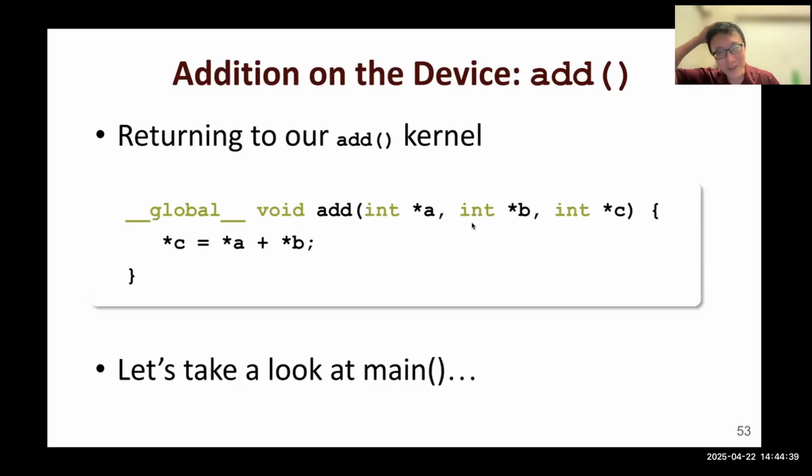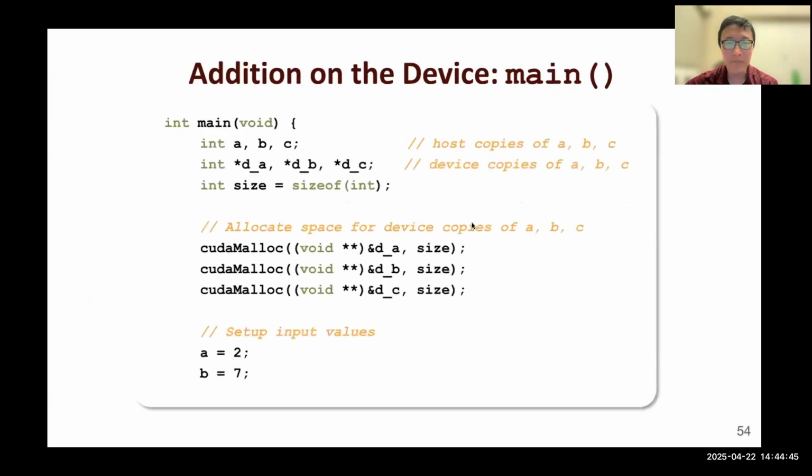Now let's get back to this. Return to our add function, and let's take a look at the main function here. In the main function, we need to define host copies of a, b, c. It's just 3 numbers.